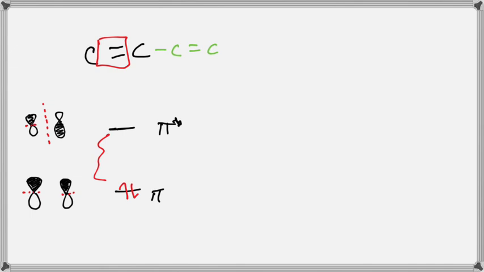Okay. What happens when we now add an extra pi bond? And actually, let's switch this up. What happens if I add that extra pi bond? Do those pi bonds talk to each other?